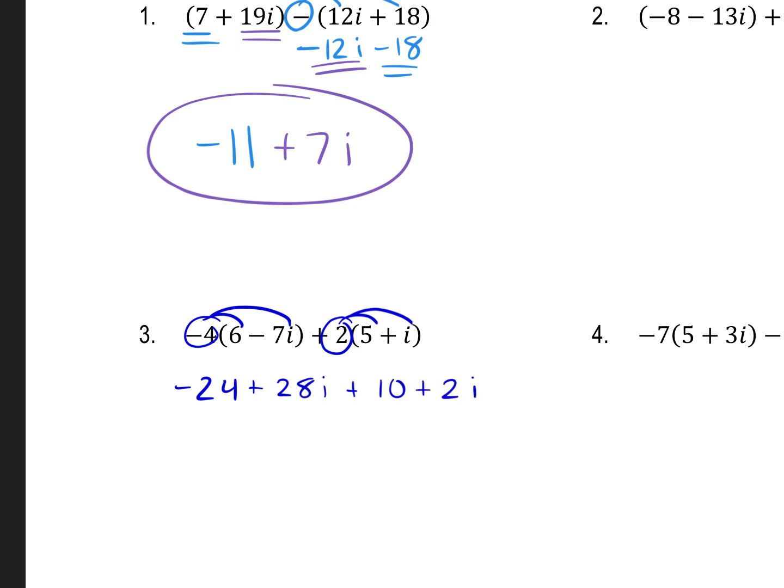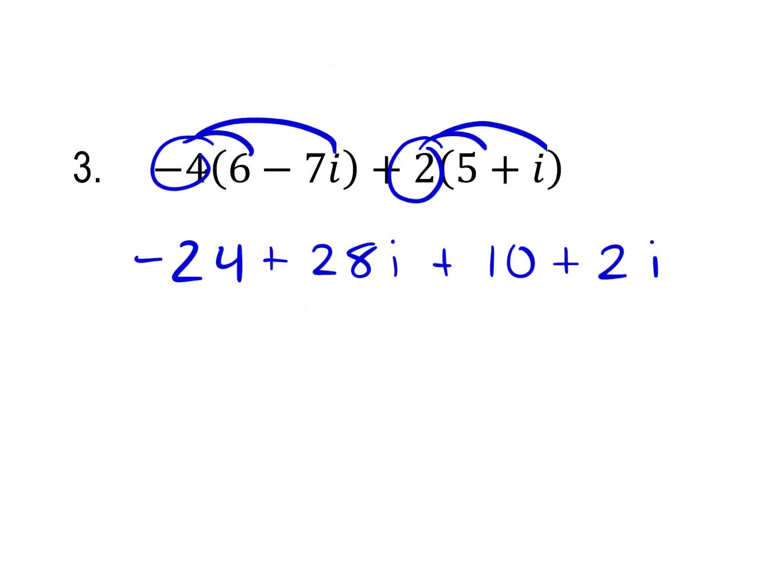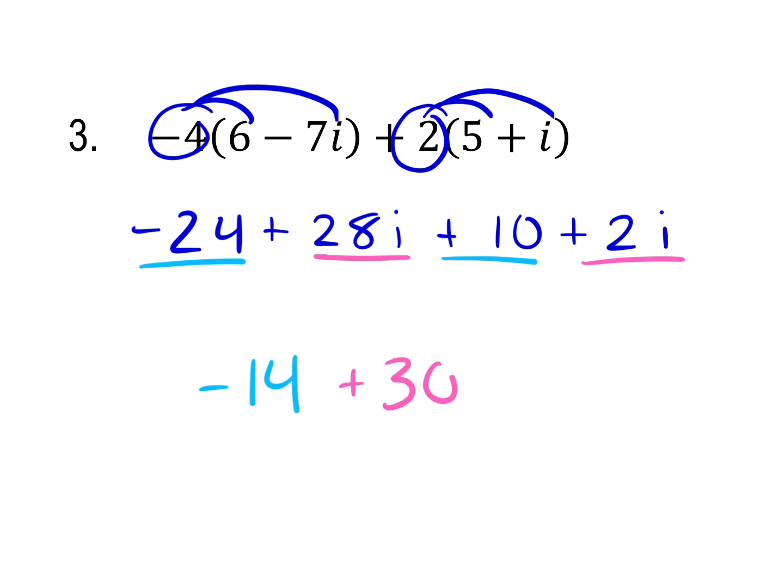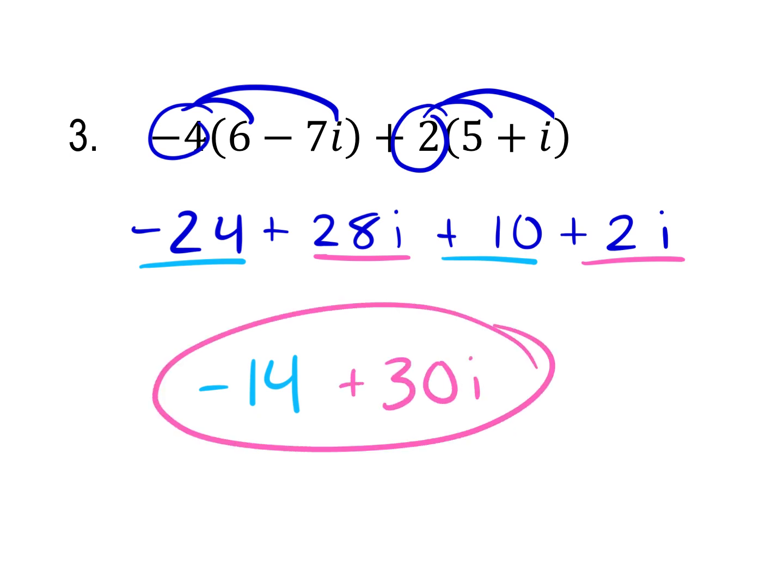What would we do next? Combine like terms. Let's start with the real parts first. So negative 24 plus 10. Negative 14. And 28i plus 2i. 30i. Remember, the real part always comes first.